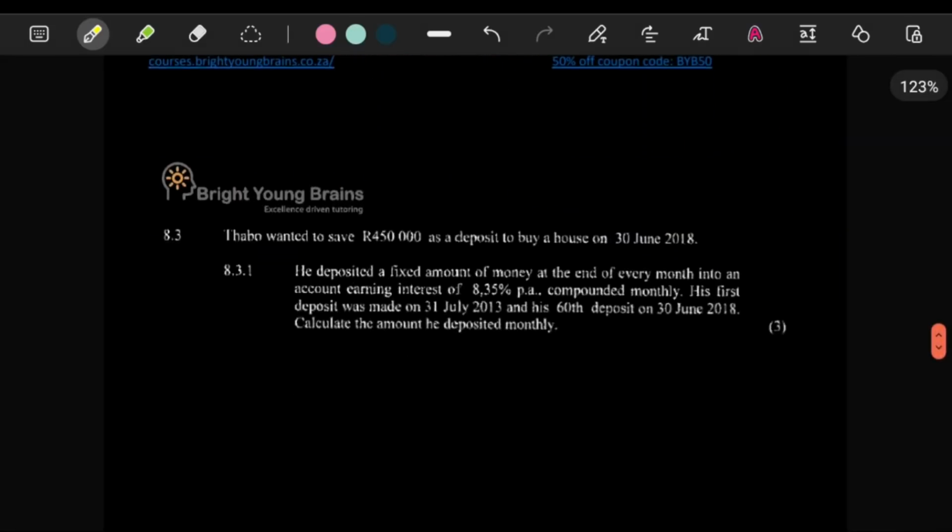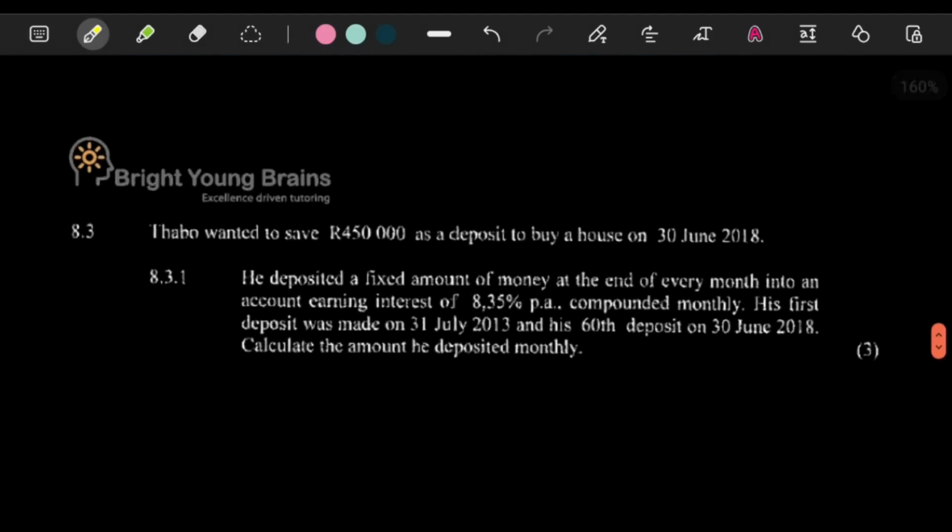Anyways, let's see. Tabo. Unjani Tabo. What's happening? Tabo wanted to save 450,000 as a deposit to buy a house on 30 June 2018.